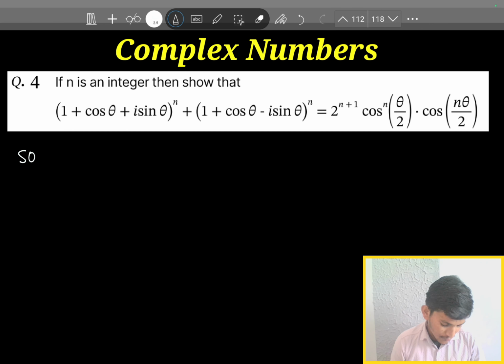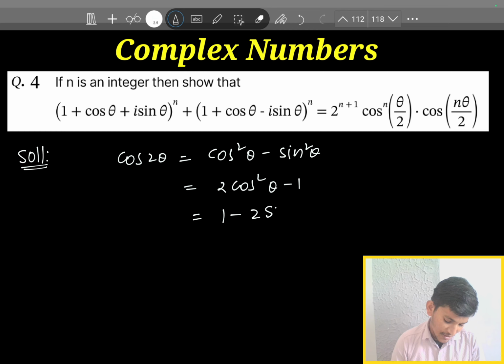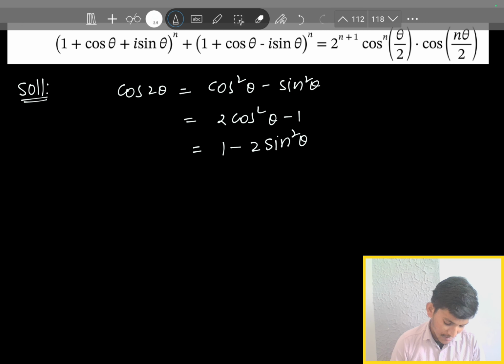In order to solve this question, we are supposed to have the knowledge of cos 2 theta and sin 2 theta formulas. Cos 2 theta is nothing but cos square theta minus sin square theta, as well as 2 times cos square theta minus 1, which is the same as 1 minus 2 sin square theta.